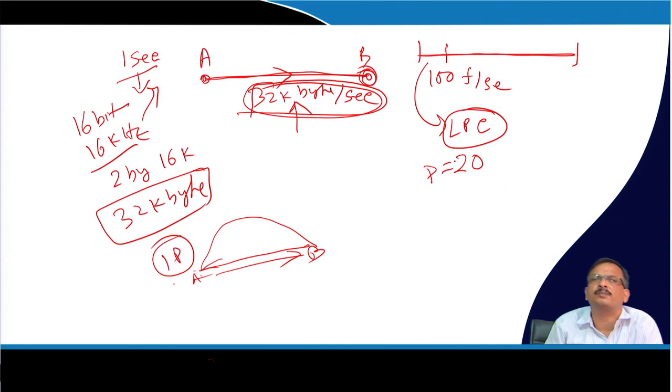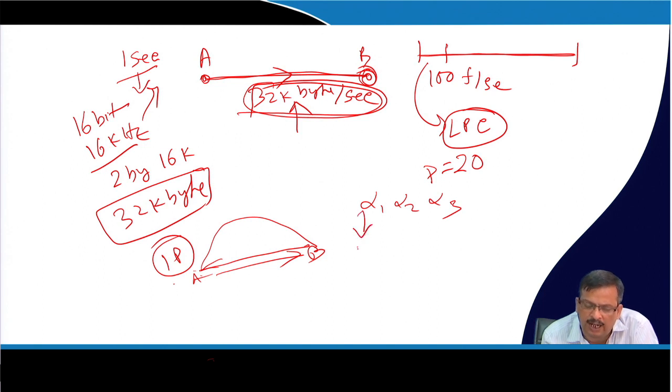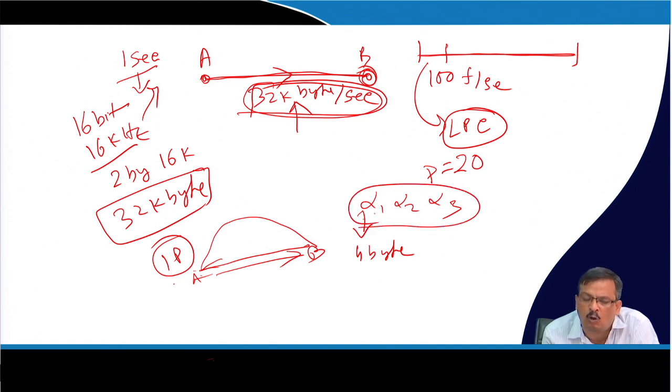Each of the coefficients alpha 1, alpha 2, alpha 3 can be coded at 4 bytes. So how much memory is required to store 20 coefficients? 20 into 4, so I require 80 bytes.